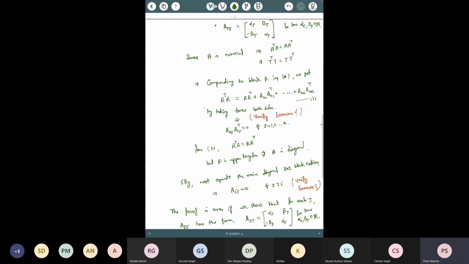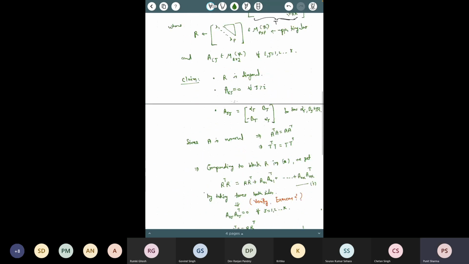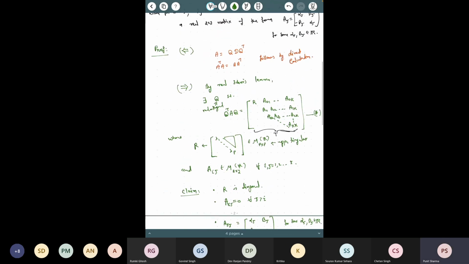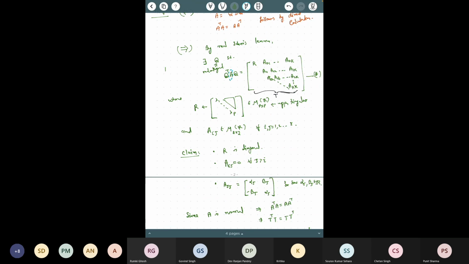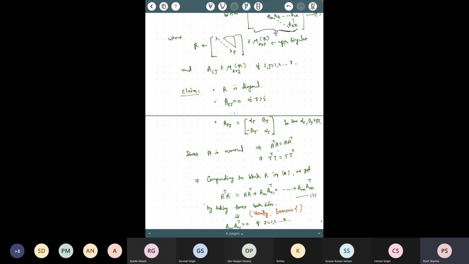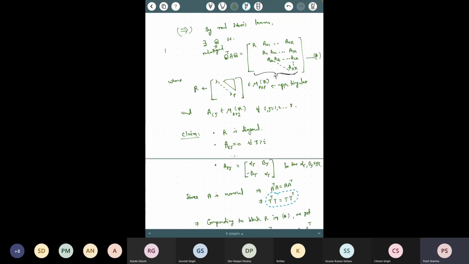Since A is given to be normal, this implies that T is normal, and because of our proof, T is block diagonal, because all these off-diagonal blocks we have shown are zero.